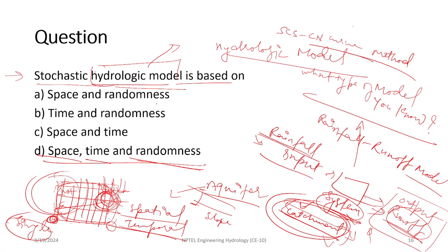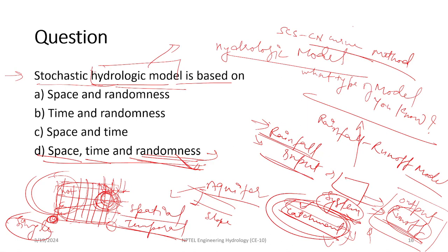Randomness is important because it is defining the probability in this case, the probability associated with computing the runoff due to the effect of uncertainties which have been incorporated in the input as well.